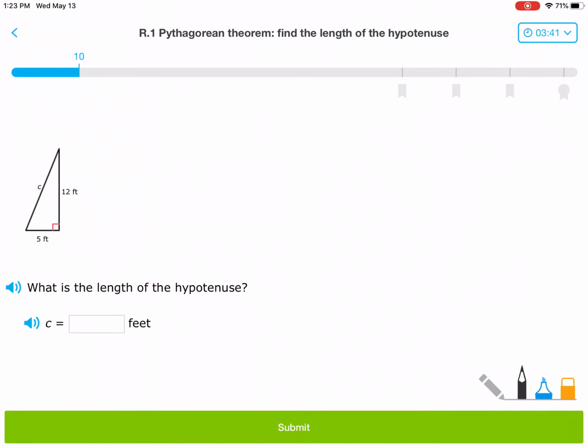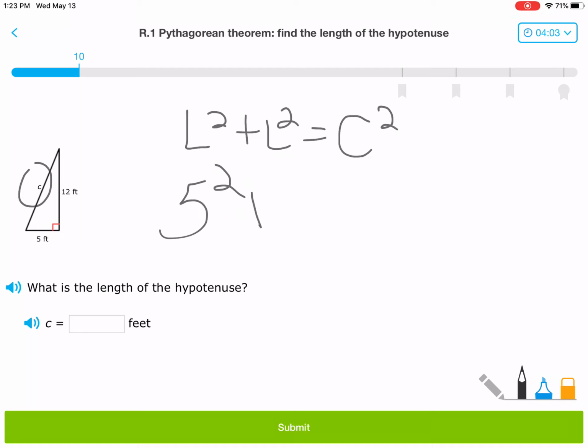We're going to use that same idea. Leg squared plus leg squared equals the hypotenuse squared. If you want to use c in place of h, because the hypotenuse here is c, you can do that. So 5 squared plus 12 squared equals c squared.